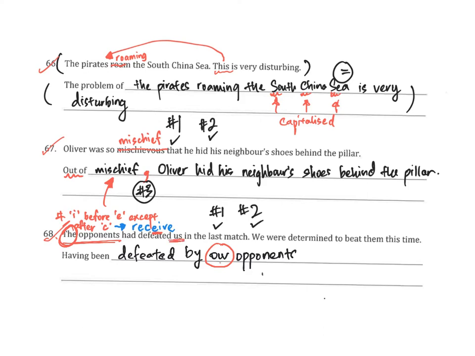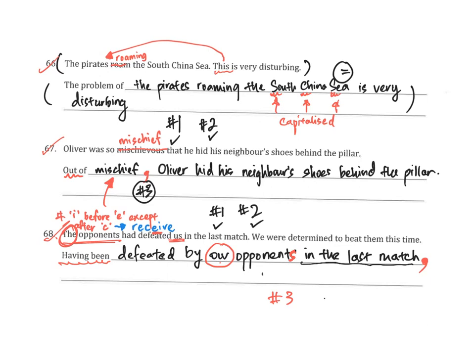Okay, so having been defeated by our opponents in the last match, and here I will insert a comma because connector comes to the front. Okay, so this is rule number 3 again. Having been defeated by our opponents, okay, and be very careful of the S here. Okay, just going to make particular note of this S here. Opponents in the last match.